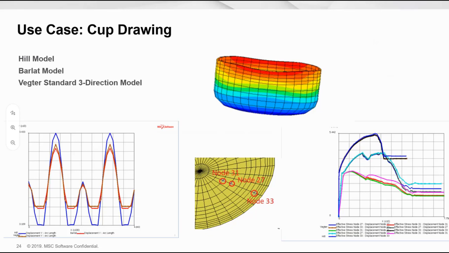We also looked at the values at 3 nodes in the radial direction, and we got pretty good agreement there as well. So if you do this kind of work, or any other type of work that can use an anisotropic yield criterion, you can explore the Vegter option now with the Marc 2019 Feature Pack 1 release.